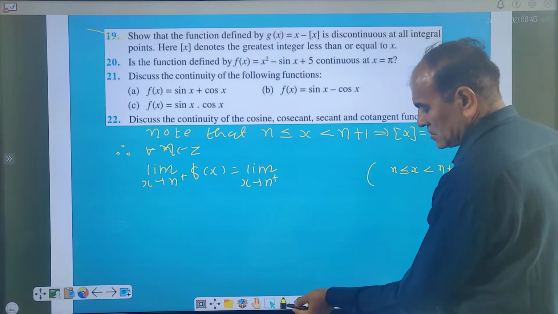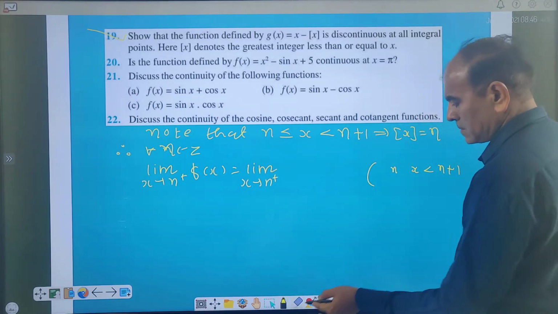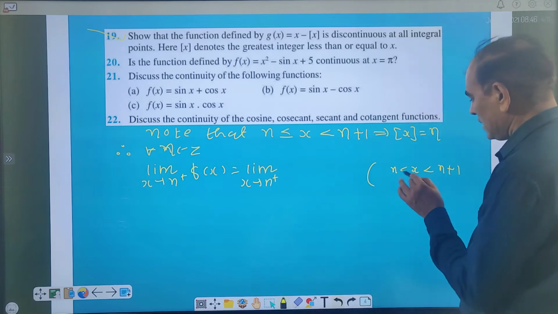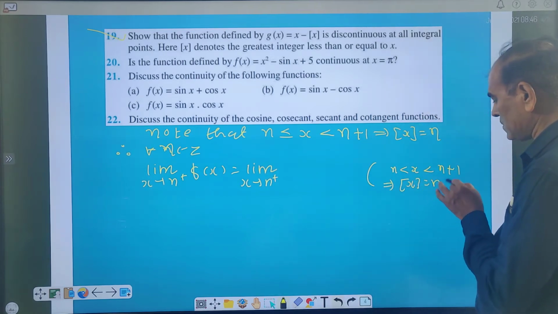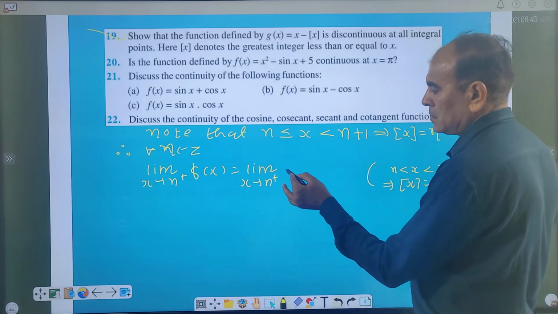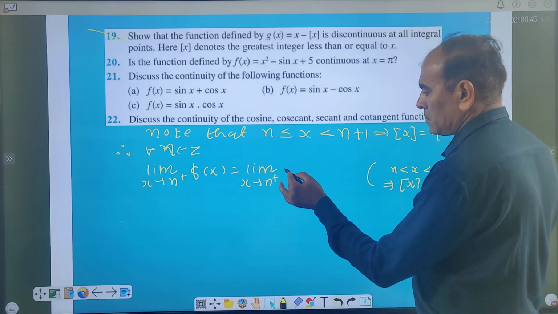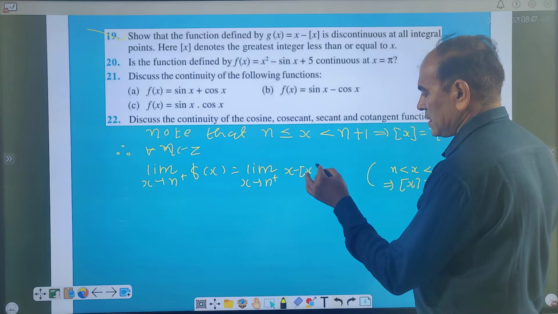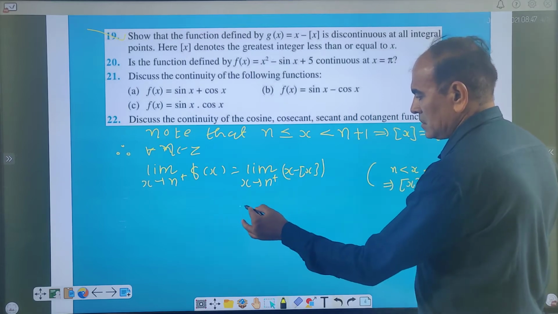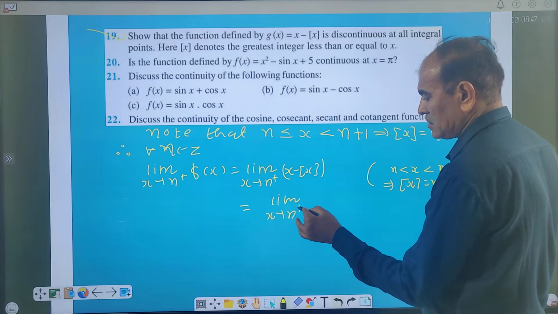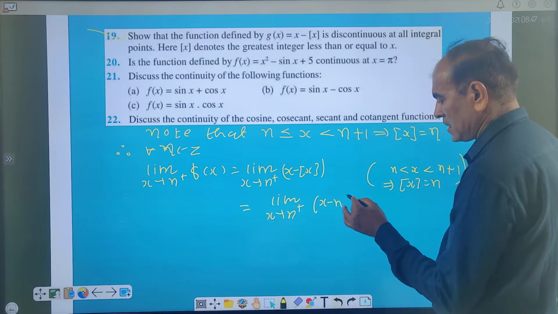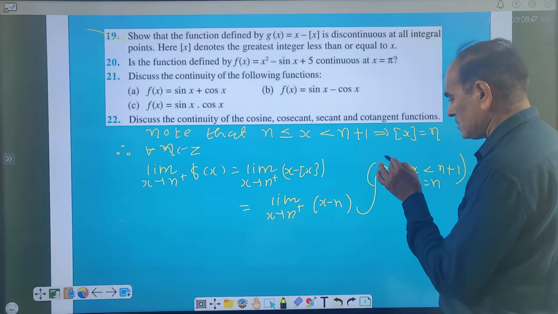Means here it is given n less than x less than n plus 1. This says that integer part function is equal to n. So here what we have to write? x minus integer part x, and that is equal to limit x tends to n plus x minus n because of this reason.